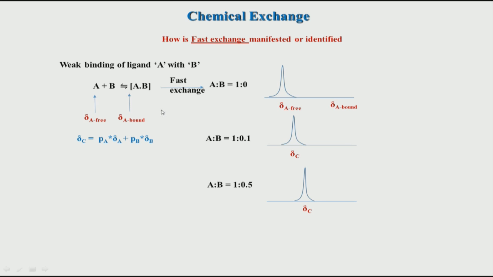It has more population of the complex, because when I am adding more and more B, more and more complex is being formed, and therefore, this average value will shift towards the bound form. Why? Because now I am increasing the population fraction of the bound form, and therefore, my total chemical shift is now getting more weighted towards the bound form. So, the peaks are shifting.